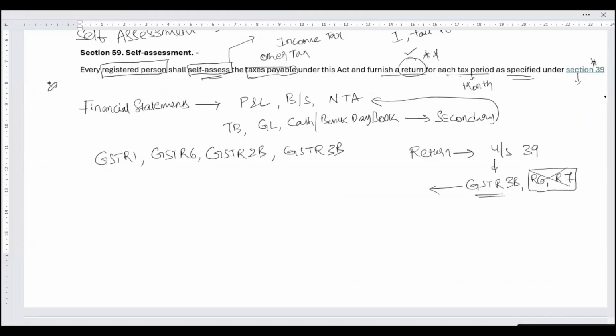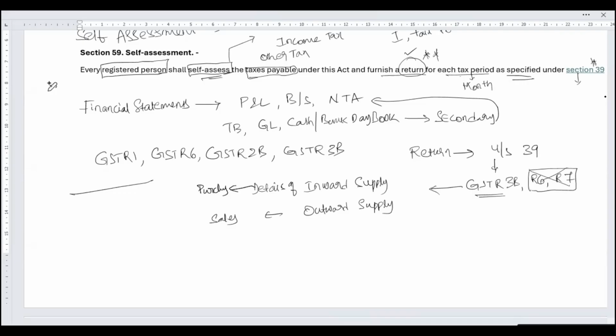Now, what is the information they're asking? They're asking details of inward supply, details of outward supply. Predominantly, this is my purchase. This is my sales.